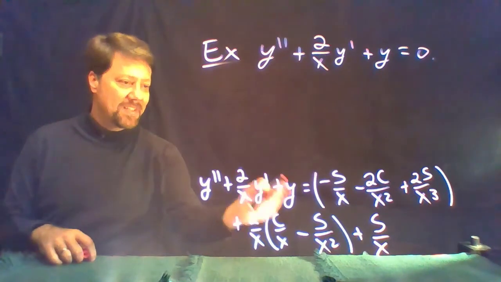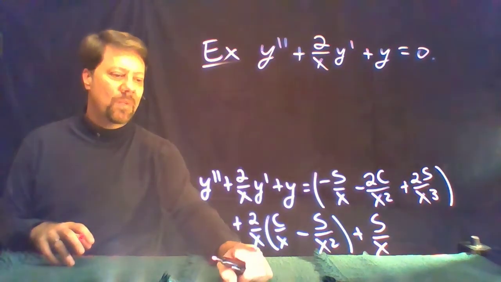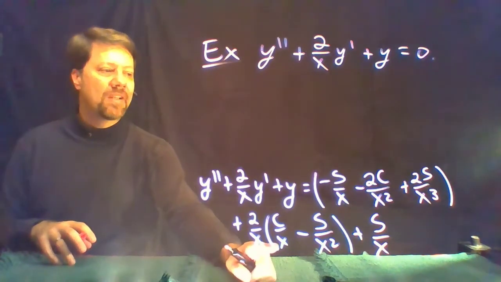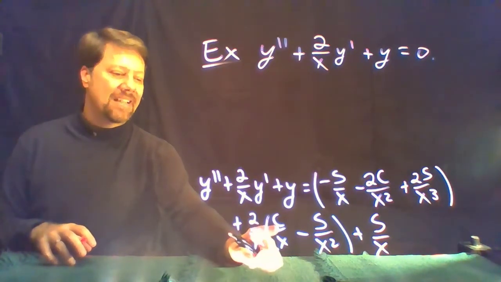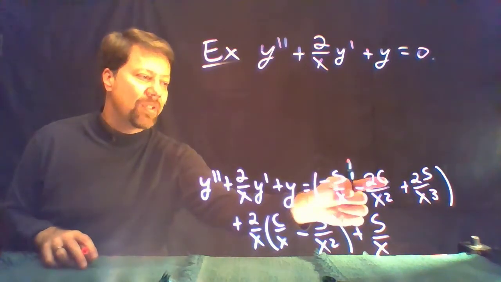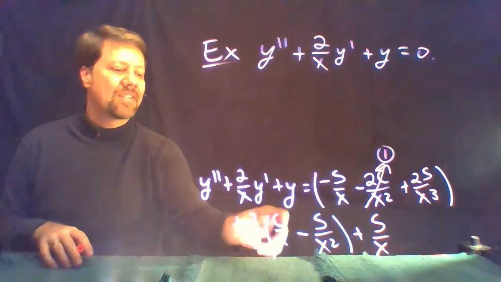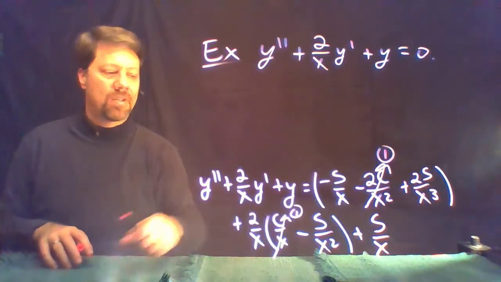Now, we can simplify this expression by combining like terms. Here we need to distribute the 2 over x, getting a positive 2 times cosine over x squared. Over here we have a negative 2 times cosine over x squared. So this term exactly cancels this term.